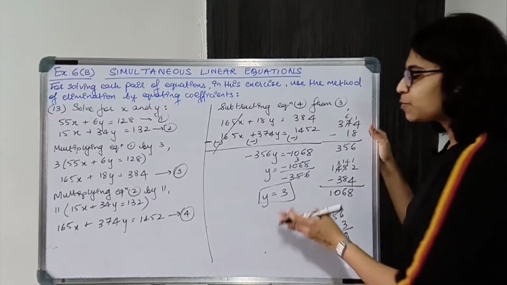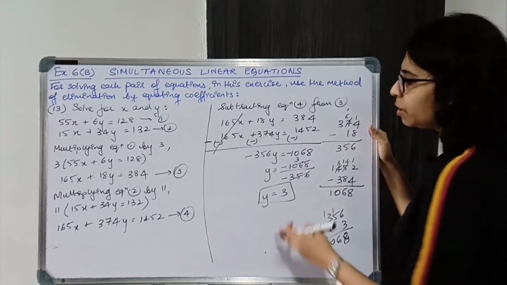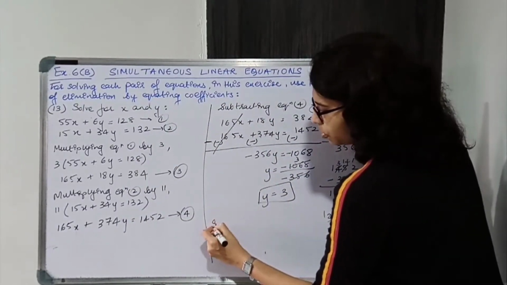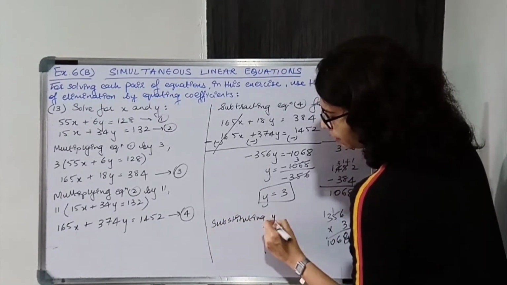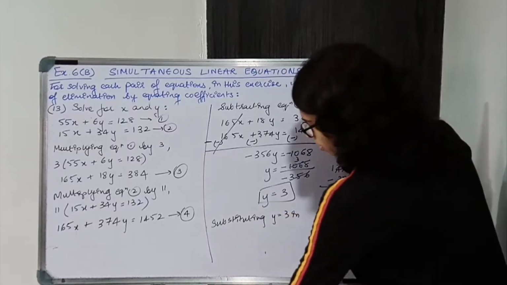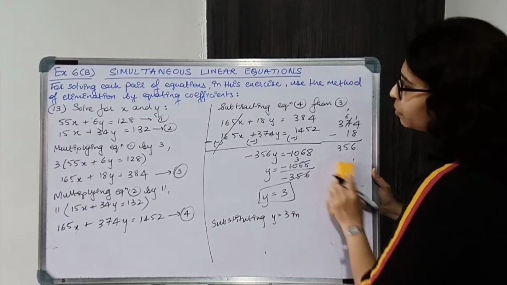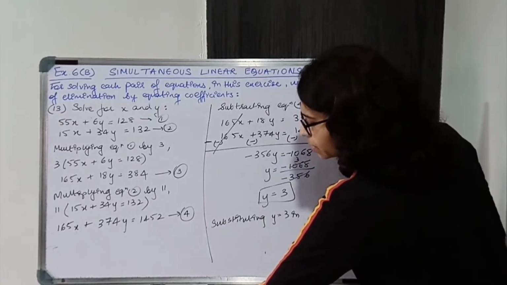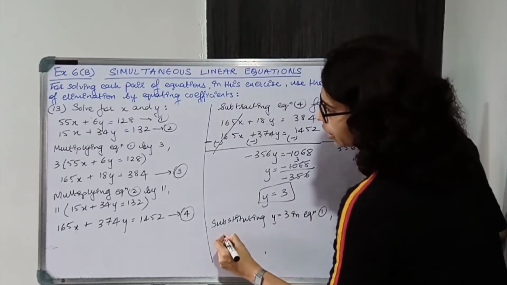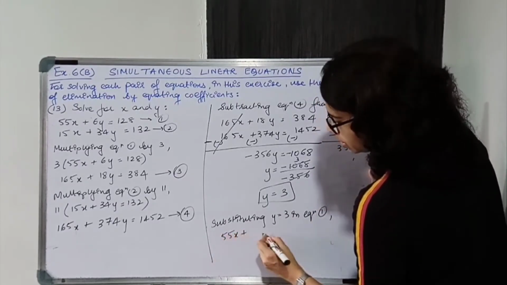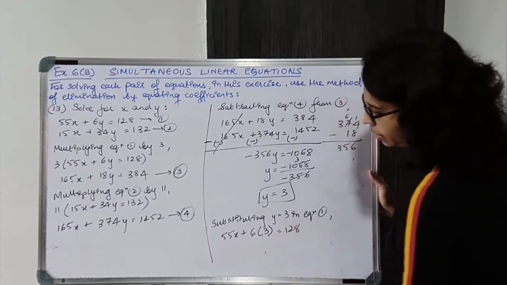Fourth step, we will substitute the value in either of the equations and find the value of the other variable. So now we will find the value of x. So substituting y equal to 3 in equation number, substitute in either of the equations. Okay, I'll substitute in 1. So we have 55x plus 6 into 3 is equal to 128.